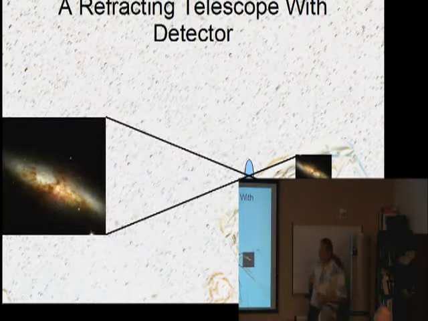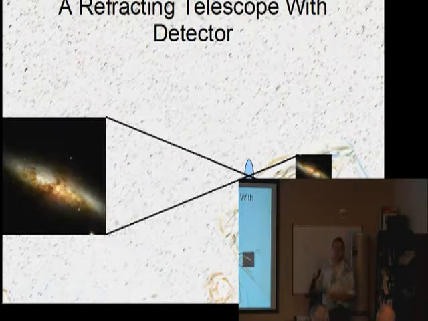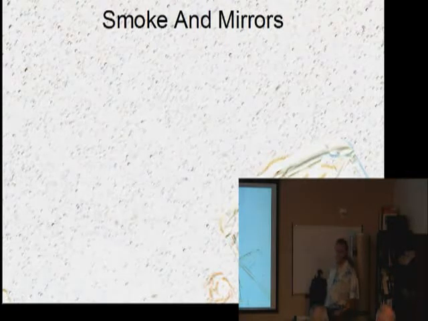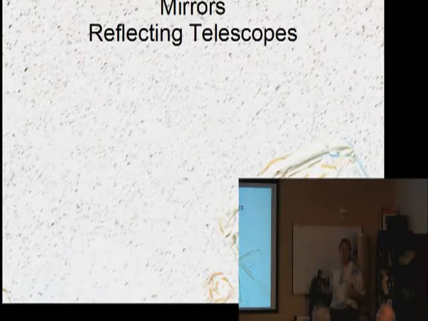So what we want to do is find some way of making light come together without having a lens. This is the sort of technology that's used on the big modern telescopes. Instead of a lens, we use, well, smoke and mirrors, or actually just mirrors. So we use what is called a reflecting telescope.